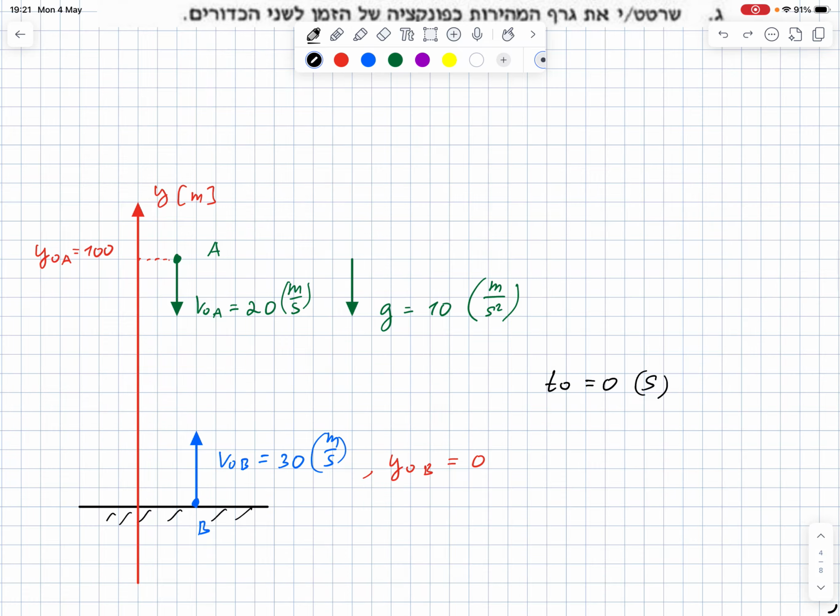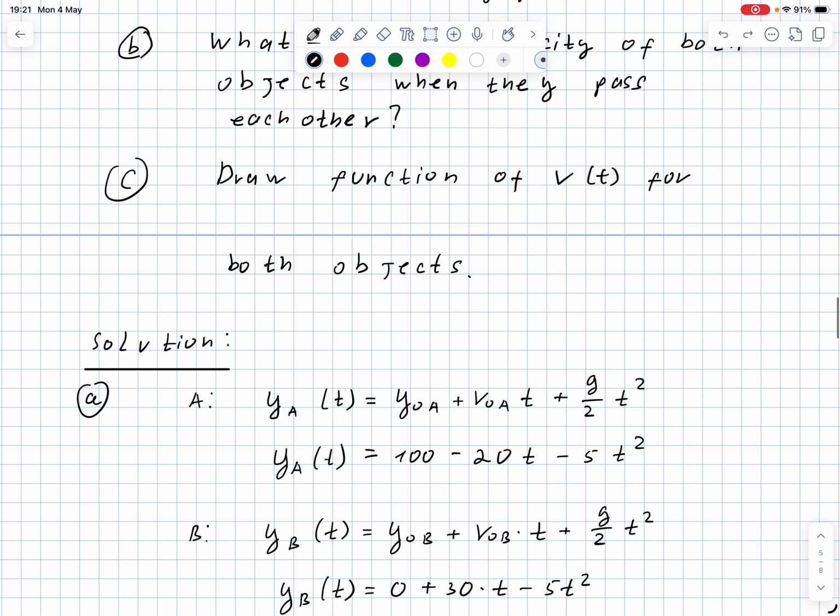Because this is a vector, and the direction of this vector is opposite to the y-axis. That's why it's minus. The same goes for the gravitational acceleration. Minus 10 divided by 2 gives us minus 5 times t squared. This is the function that represents the position of object A.